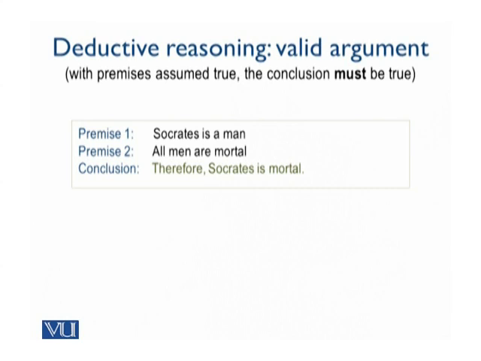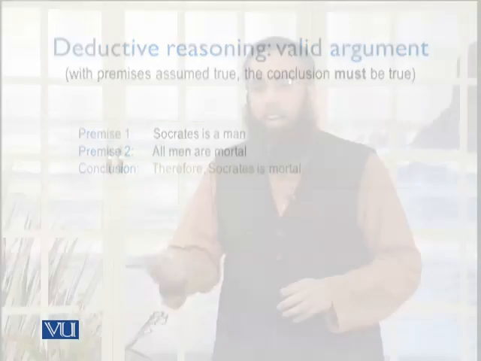तो अगर हम argument को observe करें तो हम देखेंगे कि first of all what classifies an argument as a valid argument. तो उसका defining feature ये है कि अगर हम premises को true assume कर लें तो फिर ये necessary है कि conclusion भी true होगा. और अक्सर हम जब logic की बात करते हैं तो it is the form of the argument, not the content of the argument.